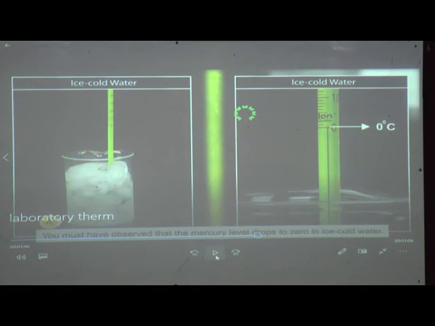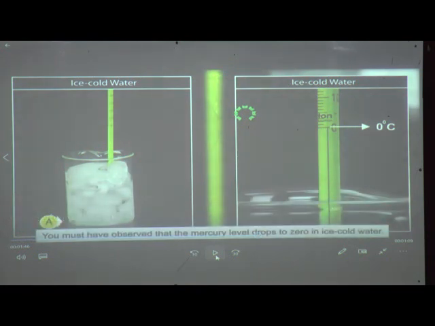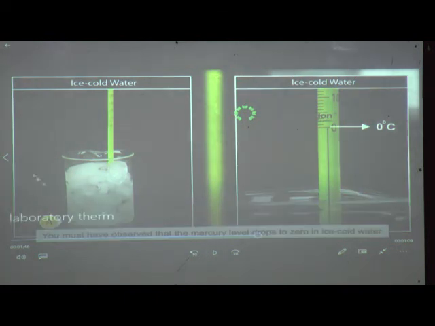So see students, with this laboratory thermometer, in this video you saw that they measured the temperature of ice cold water, lukewarm water, and hot water.